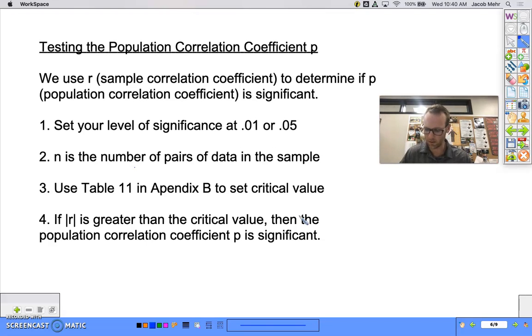One thing here, and I hope you're open to your book by this time, you will notice that the critical values for a small number of data pairs are really high. When I look at N equals 4 with a level of significance of 0.01, we have to beat 0.99.